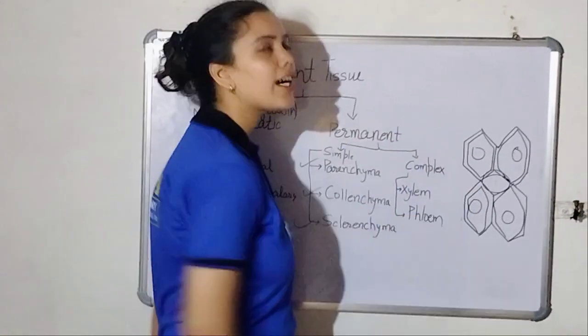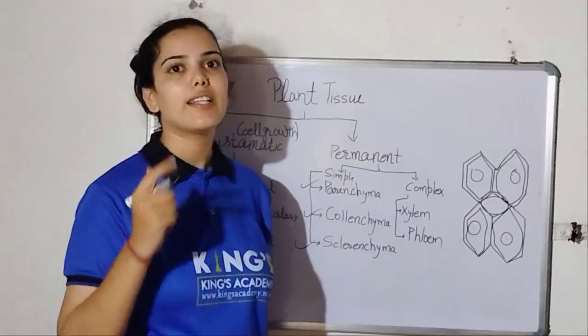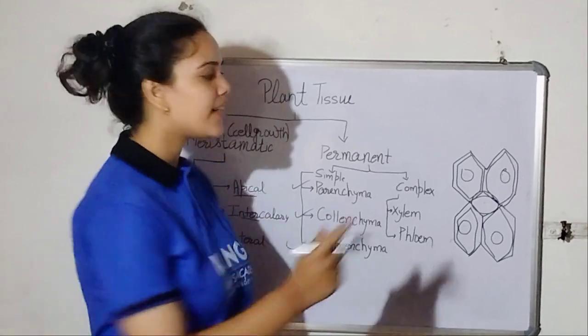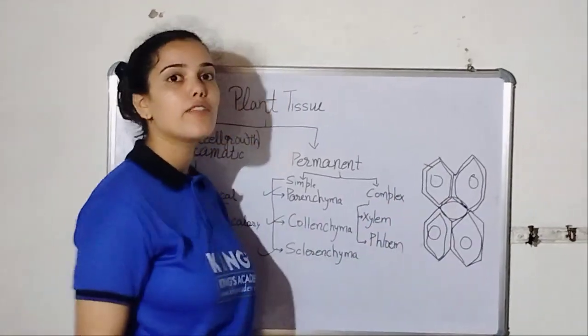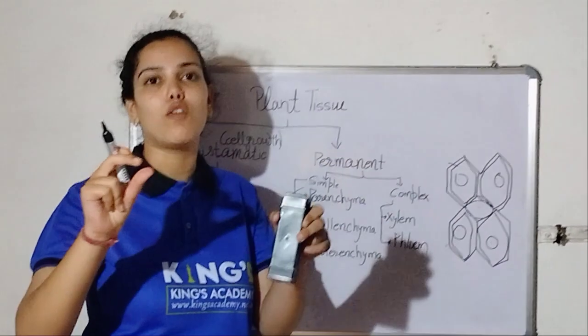In collenchyma cells, the walls are thick. The parenchyma cells are thin walled and these cells are thick walled, which means they have a very thick cell wall.